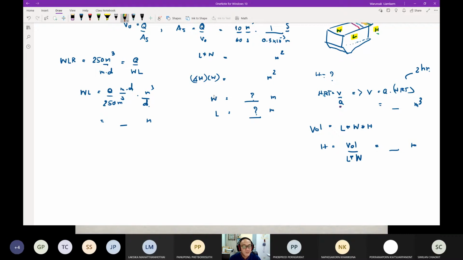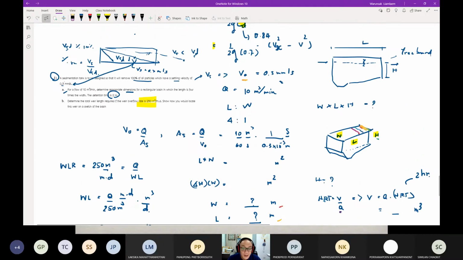But from the previous criteria, you have already obtained the length and width. So at the end, you can find out the depth by considering the length and width obtained from the previous calculations. So now the volume of the tank we have already determined, with length, width and depth or height. So these are the answers to the first question.